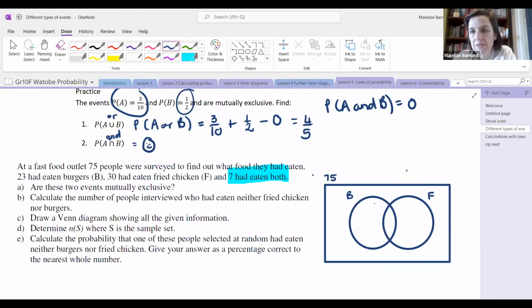I'm going to give you a minute to do your Venn diagram and to figure out how many people had eaten neither fried chicken nor burgers. I can only say that the answer is not 15.